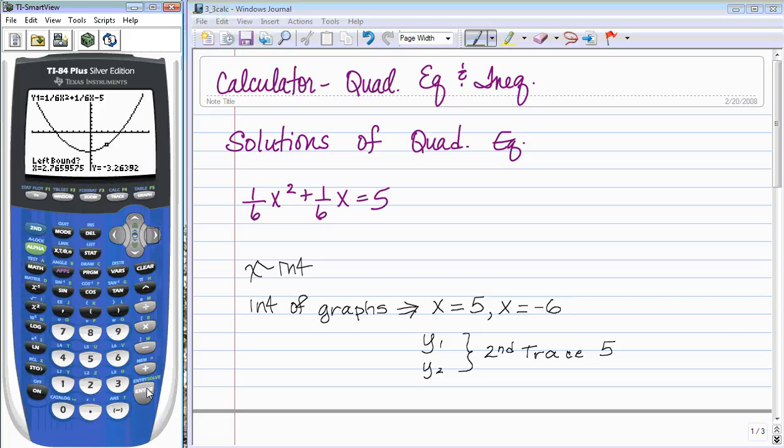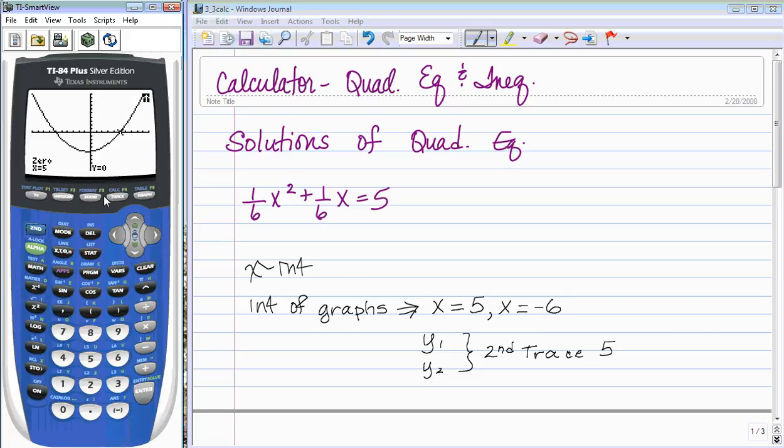So we press enter. The right bound is above it, and we press enter, and the guess is in between there. So we see 5, 0, which means our solution is 5.